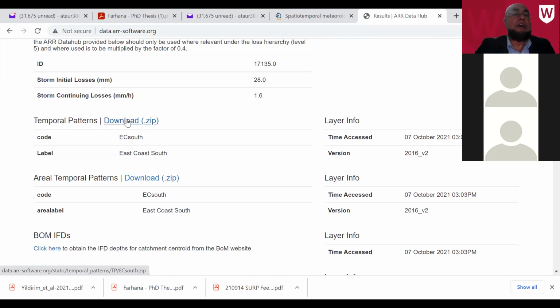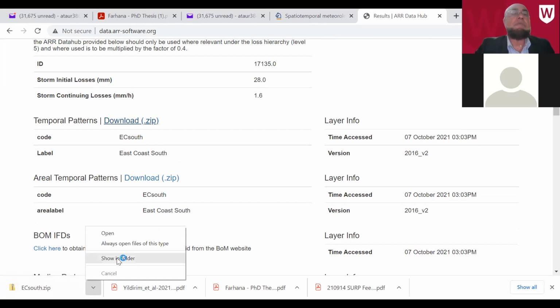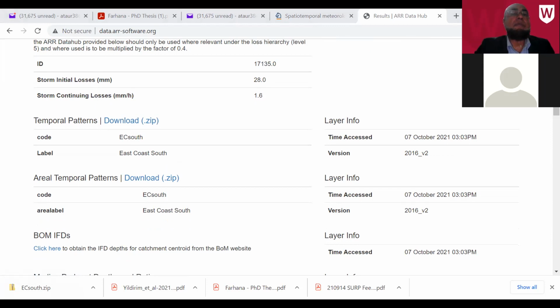If we download this file, for example, the temporal pattern file, let us look at it in the folder.